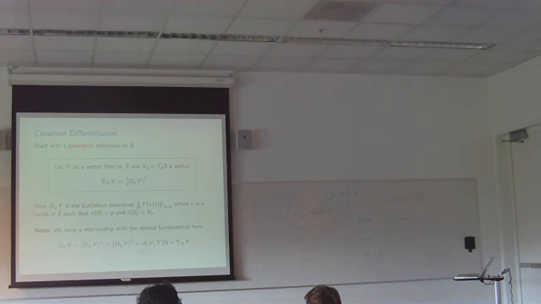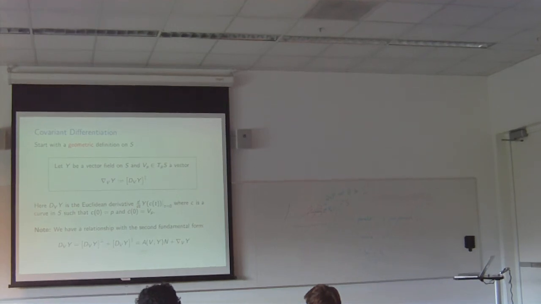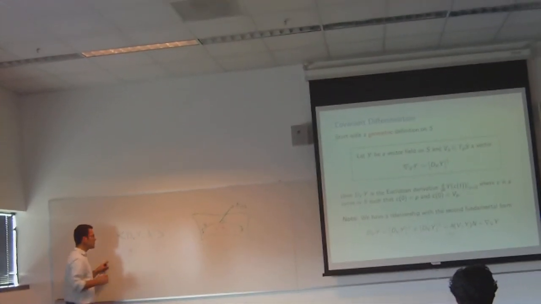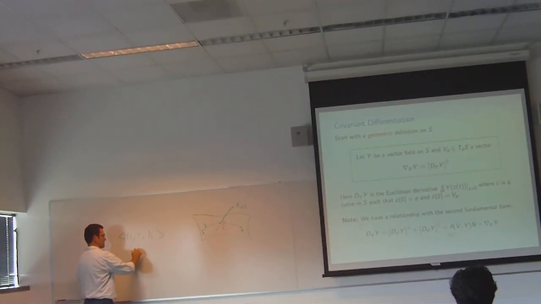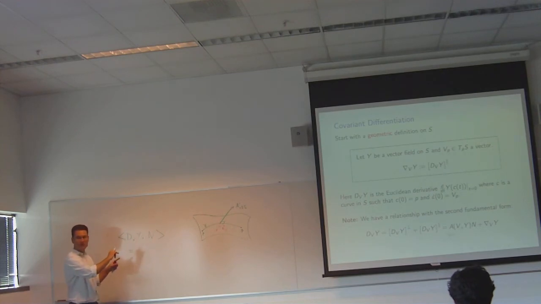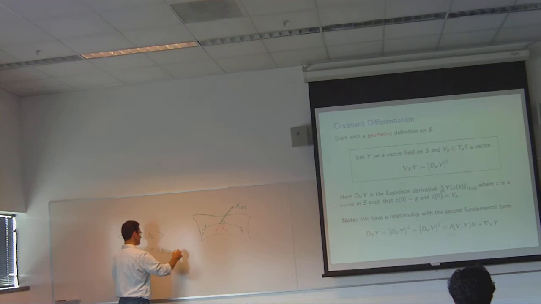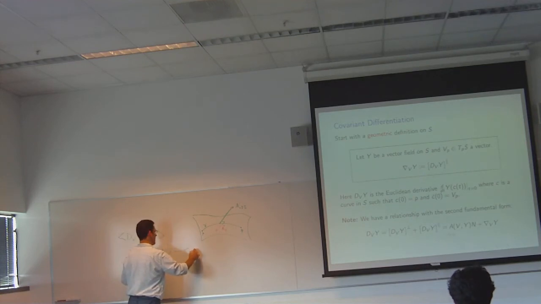What is this normal part? Well, it's dvy, take the inner product with the normal vector. Now, remember the usual trick, which is to use the product rule. I can write this as dv of the inner product of y with n, minus the inner product of y with dv of n.